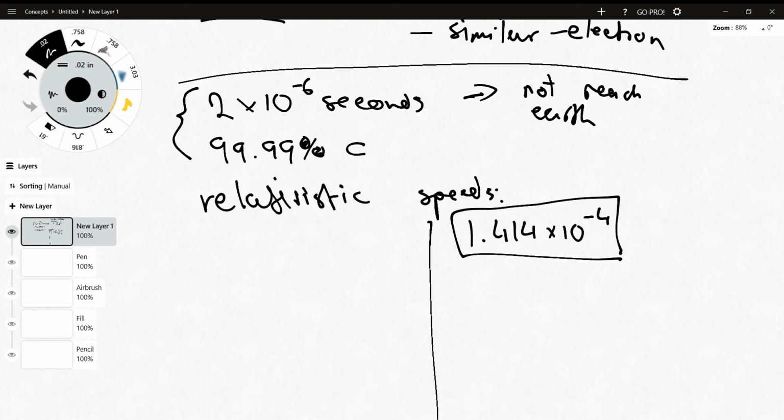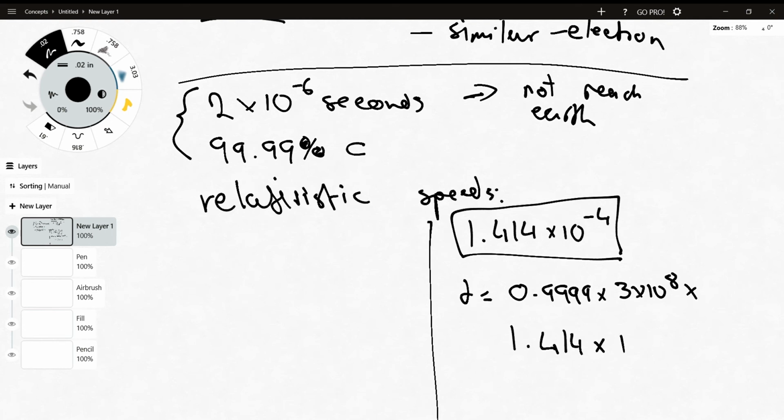So, with our new time, we have our distance equals 0.9999 times 3 times 10 to the 8 times 1.414 times 10 to the minus 4. Does this reach the surface of the Earth?